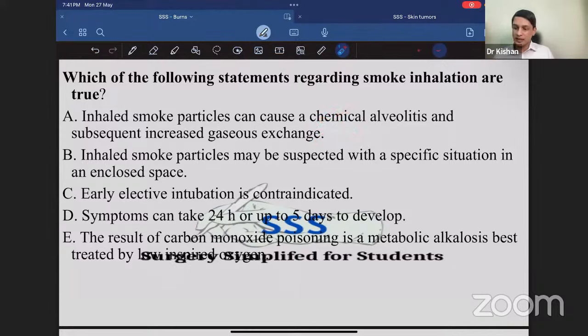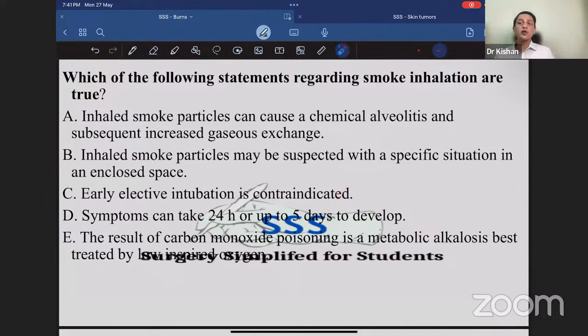Early elective intubation is not contraindicated. In fact, it's indicated because once the laryngeal edema starts occurring, it will be very difficult to intubate. Then we may have to go into cricothyroidotomy or tracheostomy. So it's better to intubate in the early phase when we suspect some inhalational injury. So this option is wrong. This is correct.